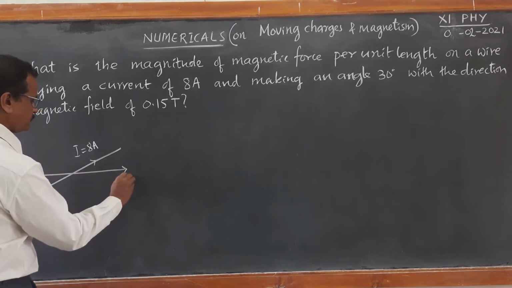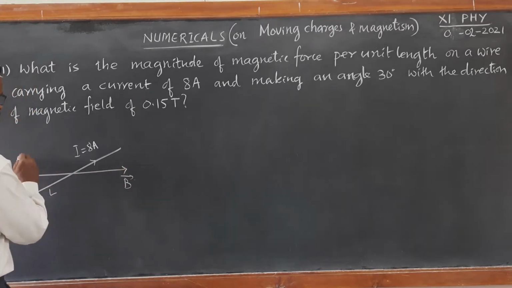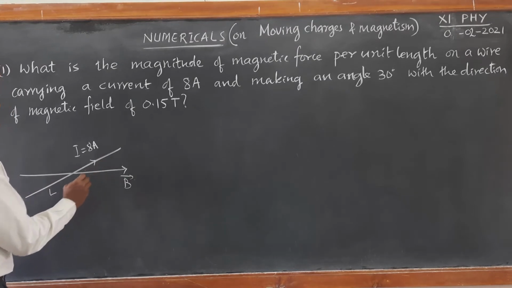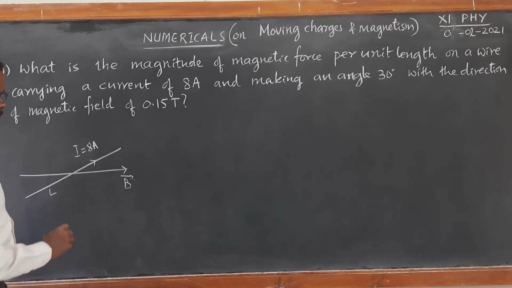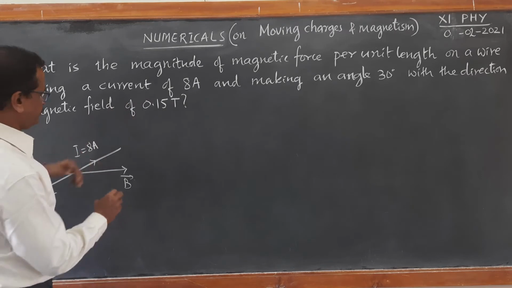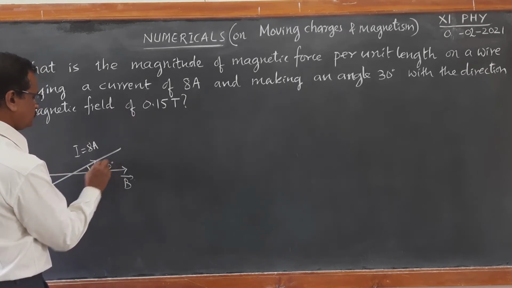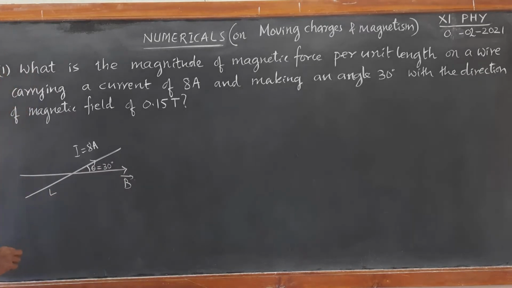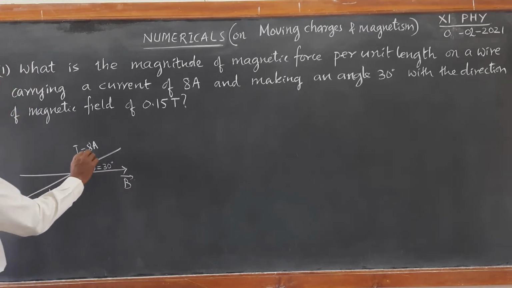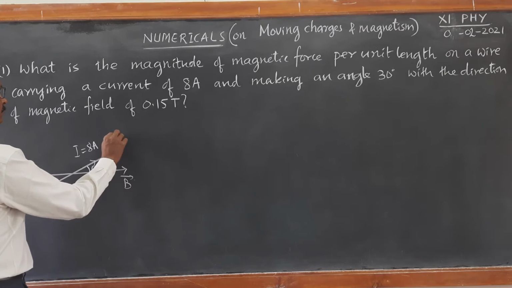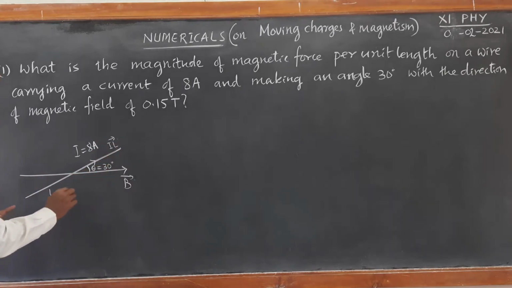This is the magnetic field direction, and it makes an angle of 30 degree. Theta is equal to 30 degree with magnetic field. The current element IL makes an angle of 30 degree with magnetic field.